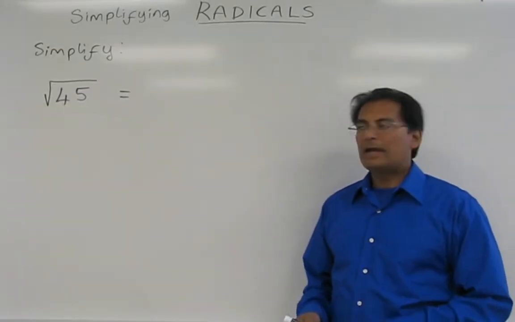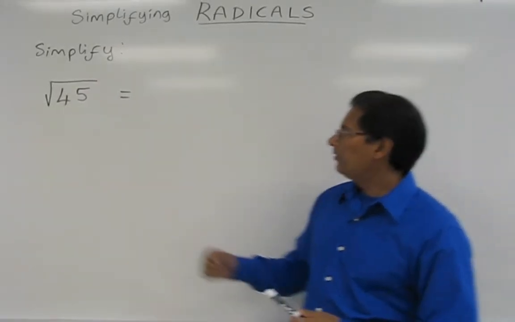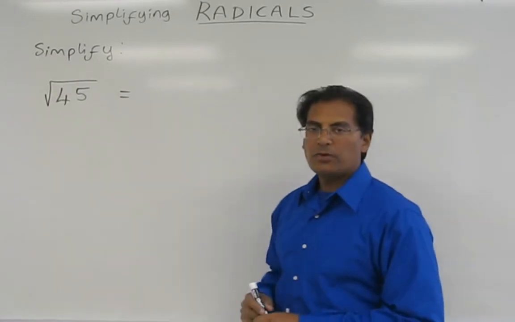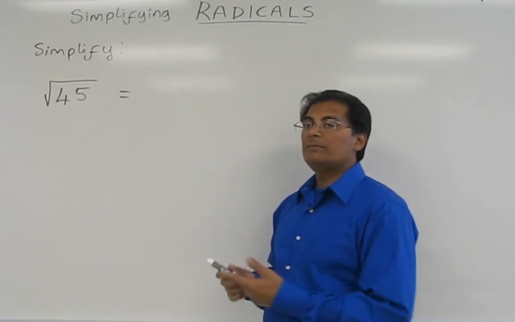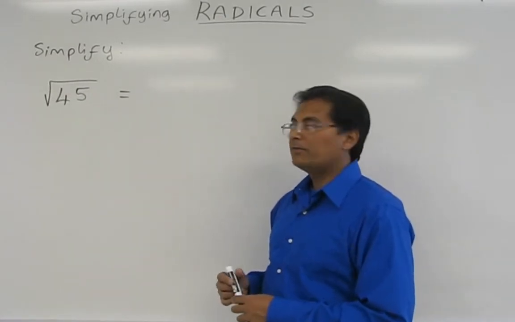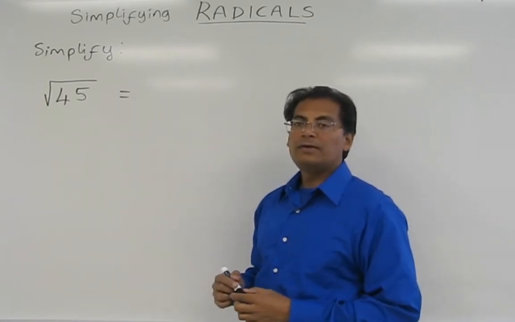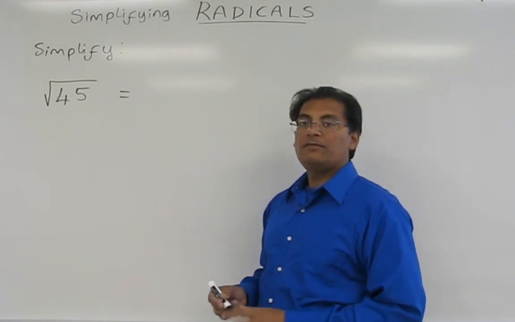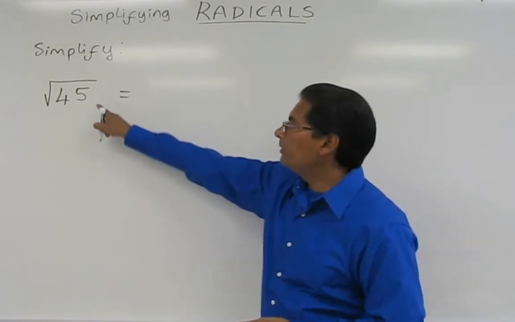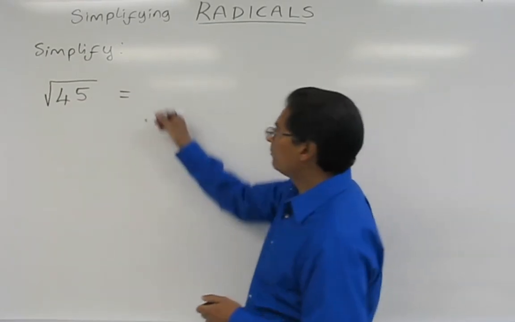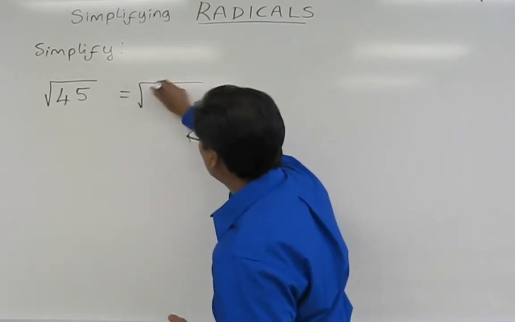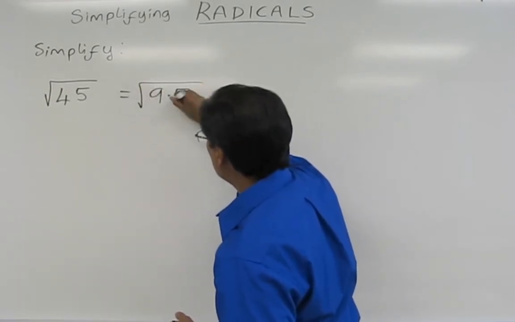We're going to take a few examples to illustrate this point. Supposing I'm asked to simplify the square root of 45. Now it's not simplified because 45 is not a perfect square, and there are numbers that can go into 45 that are perfect squares. 45 is 5 times 9. So I can rewrite the square root of 45 as the square root of 9 times 5.